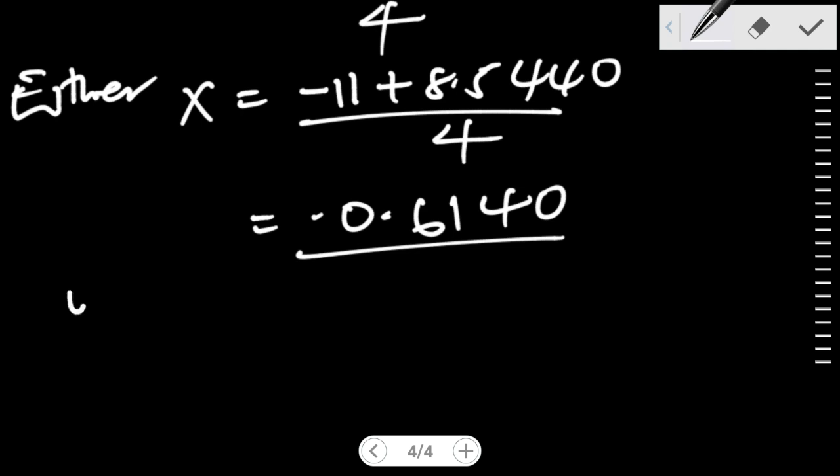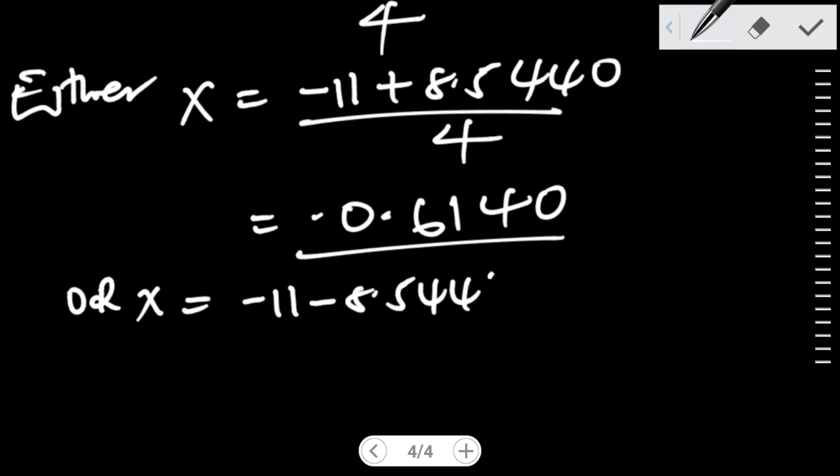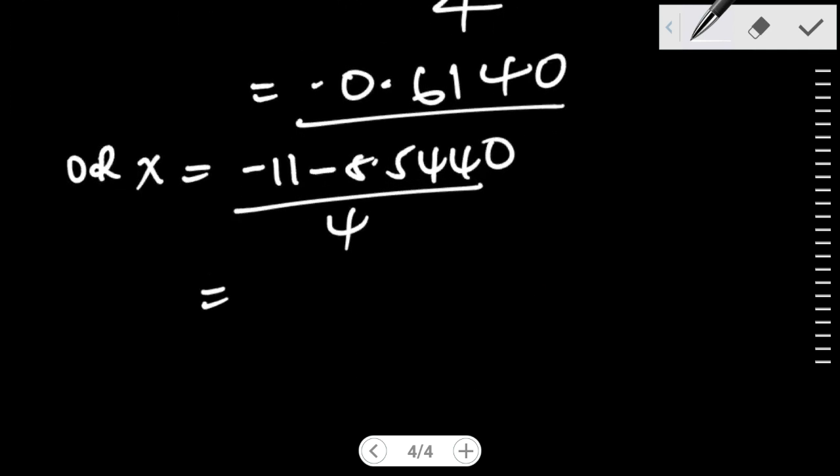Our second x would be equal to negative 11 minus 8.544 all over 4, and this would be equal to negative 4.886 in this case.